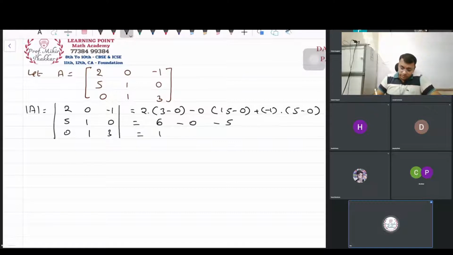So that's equal to 1, which is definitely not equal to 0. And hence I can say that A inverse exists.